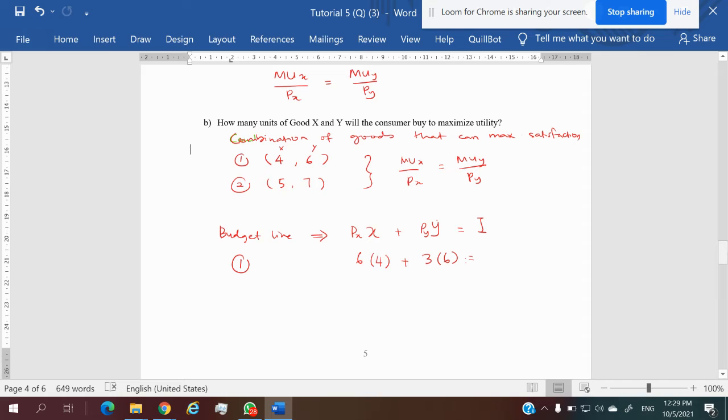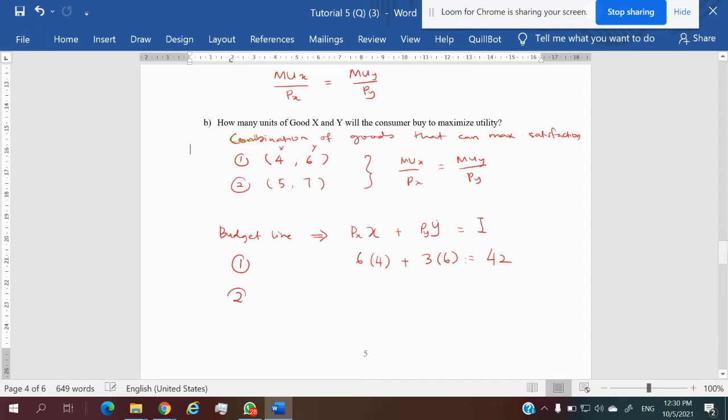All right, so here you will get 42. This means that you will utilize all your money to purchase this combination of goods, 4 good X and 6 good Y, to maximize your utility.